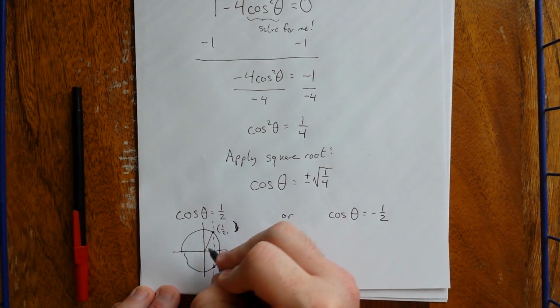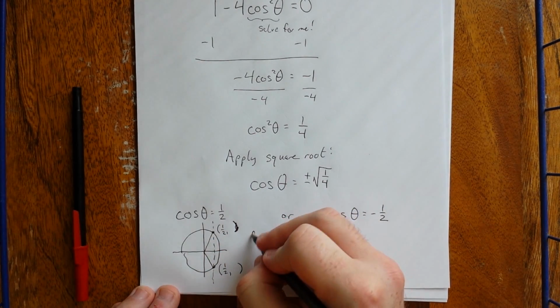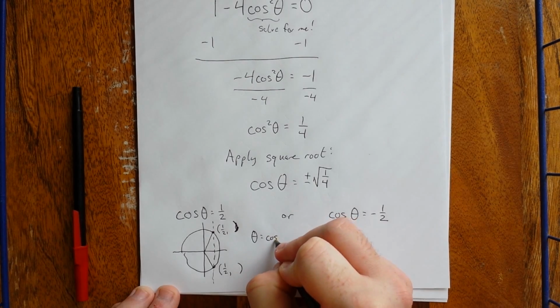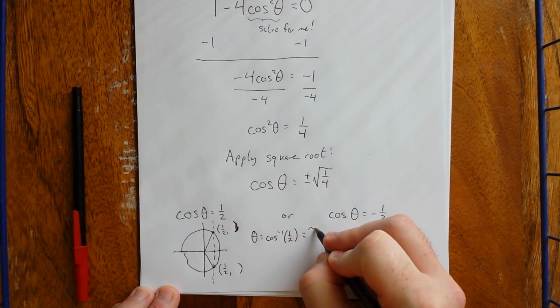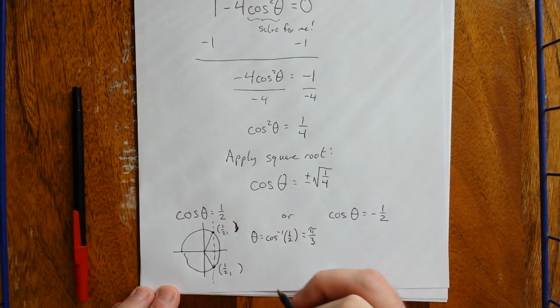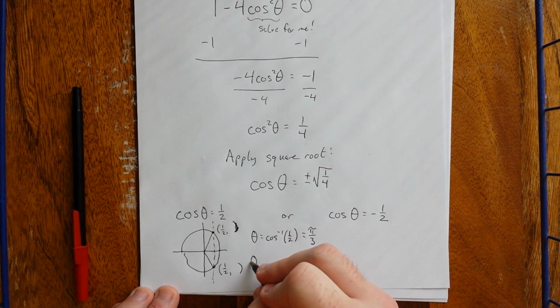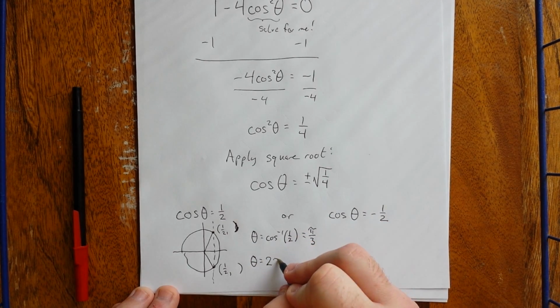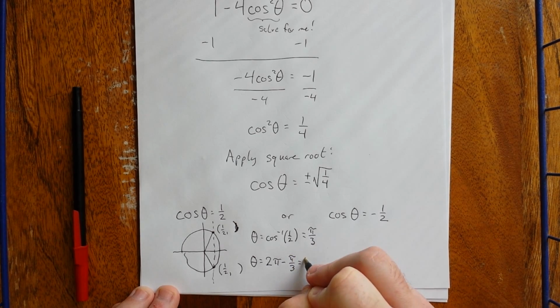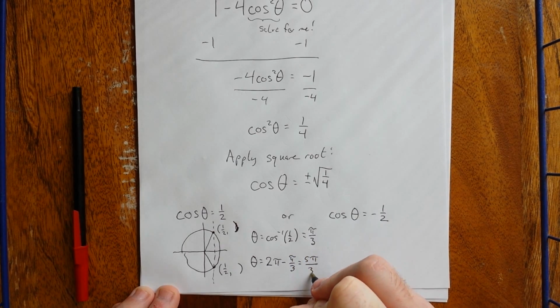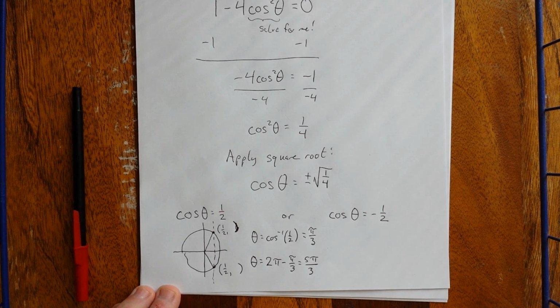The one in quadrant 1 is going to be theta equals the arc cosine of 1/2, which is equal to pi over 3. The one down in quadrant 4, by symmetry, would be 2 pi minus this value, which would take us down to 5 pi over 3.